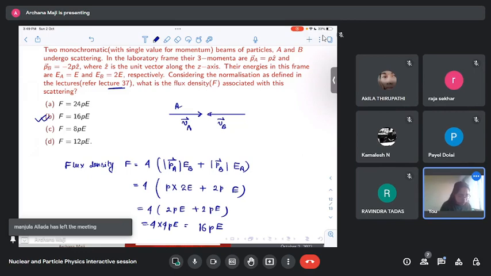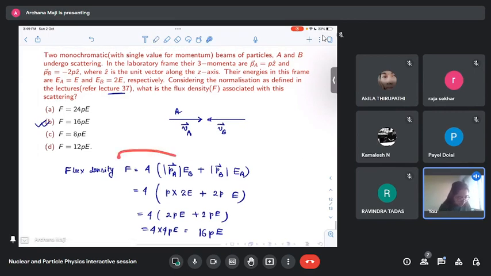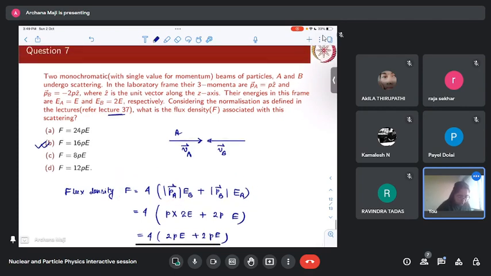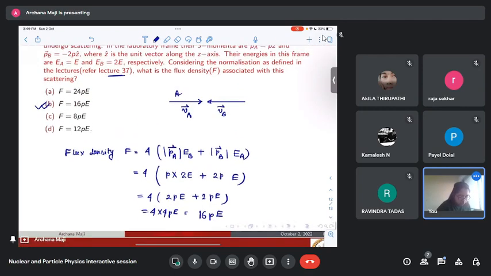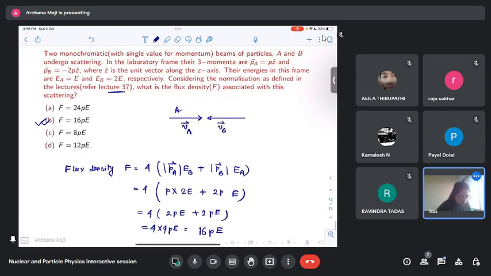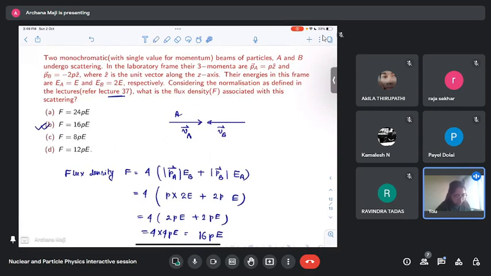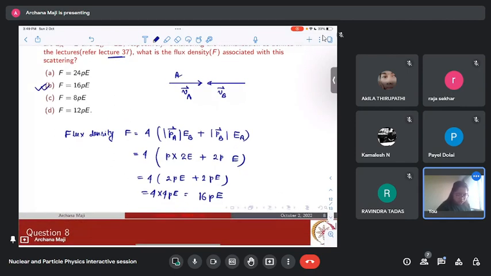This expression was given in this lecture, so you can refer to that lecture, and then just substitute the values of energies and magnitude of the momentum. Fine?